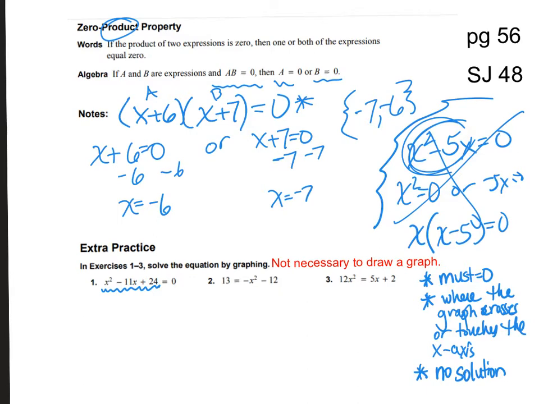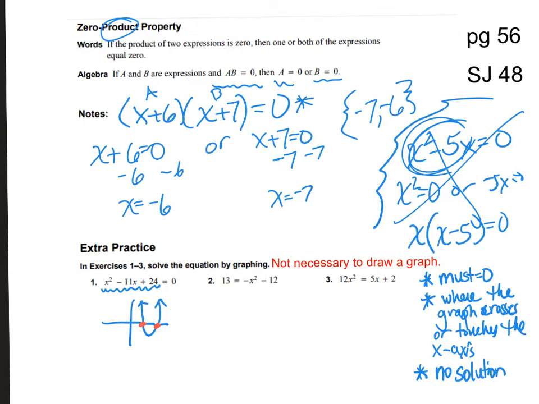So I have typed in x squared minus 11x plus 24 into Desmos. My graph, and again, you do not have to draw the graph. My graph looks something like this. And in Desmos, if you click, you'll see there's a dot here and a dot here.